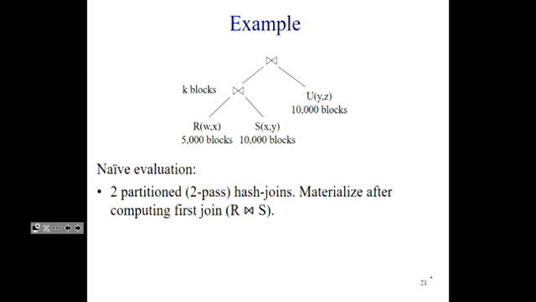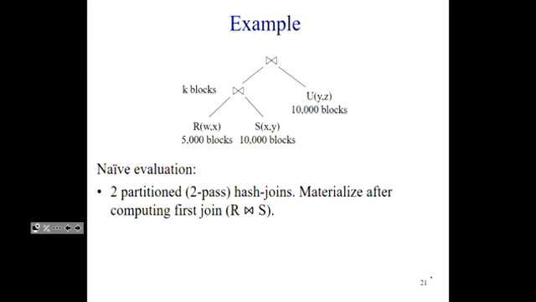I need B(R) or B(S) to be less than the square of the memory, so it's a pretty relaxed memory requirement. So the simplest thing that I'm going to try is to use two-pass hash joins for this join as well as this join, and I'm going to materialize between them.